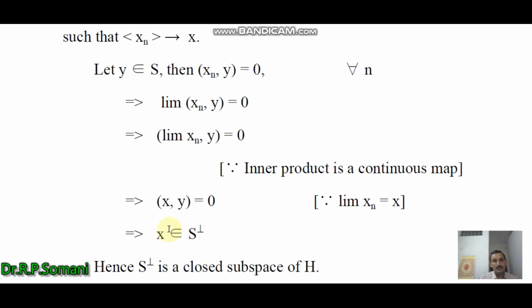So if x is a limit point of this sequence, then we have shown that x belongs to S orthogonal.